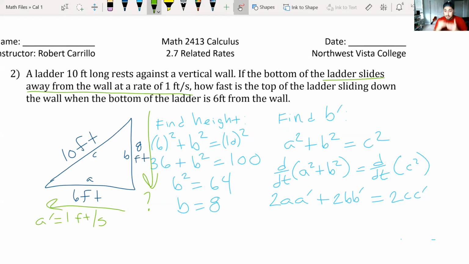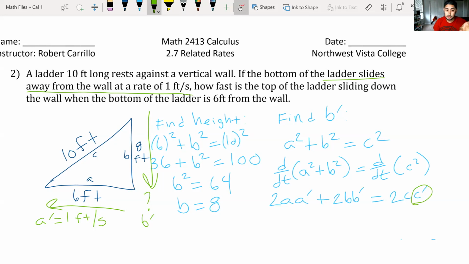And when the ladder is falling down, which is what we're looking for, B prime represents the rate at which the ladder is falling. Okay, perfect. Which brings me to C. The ladder, which is represented by C, is 10 feet. Is there a need for C prime?